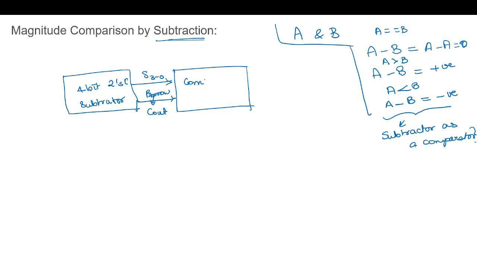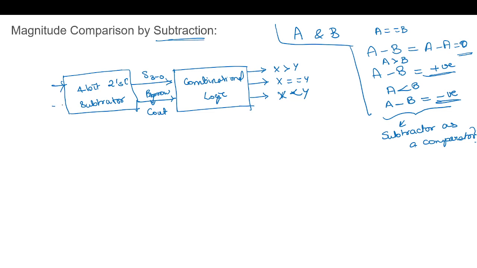We need a combinational logic which can detect whether it is a 0, a positive number, or a negative number, and the final output will be whether X is greater than Y, X is equal to Y, or X is less than Y.